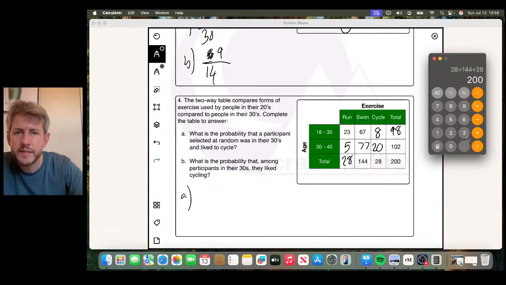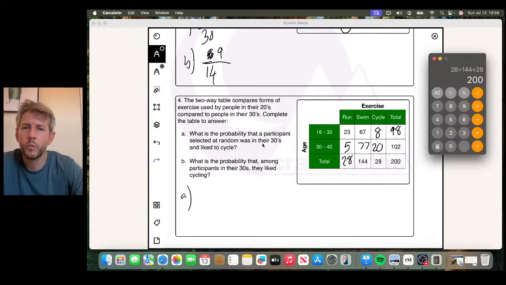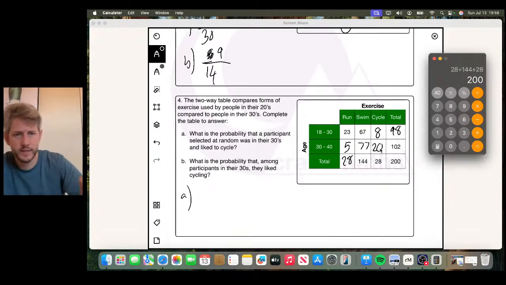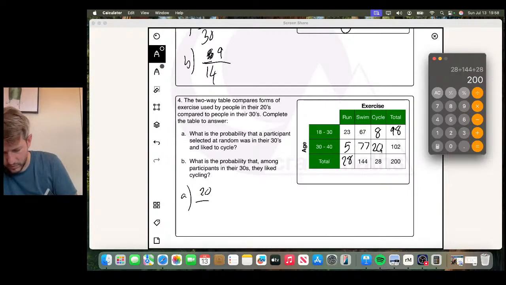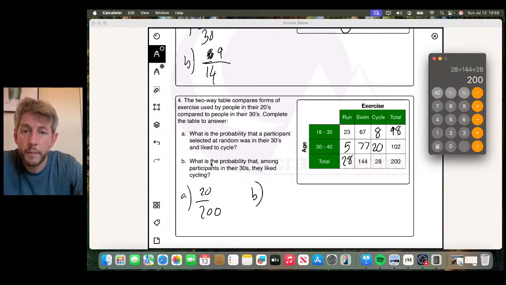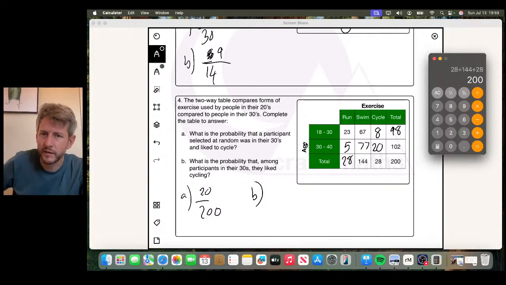What is the probability that a participant selected at random was in their 30s and liked to cycle? In their 30s, liked to cycle, 20 out of 200. What is the probability that among the participants in their 30s, they liked cycling? That doesn't make sense.